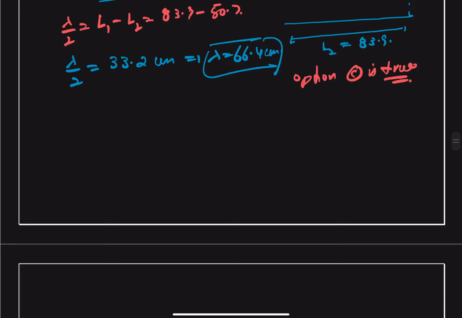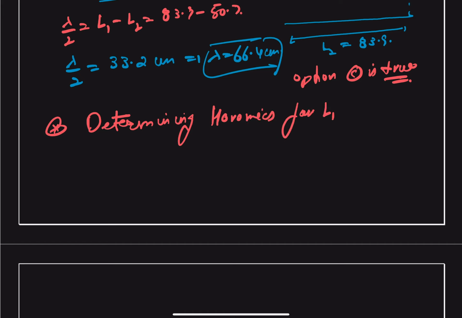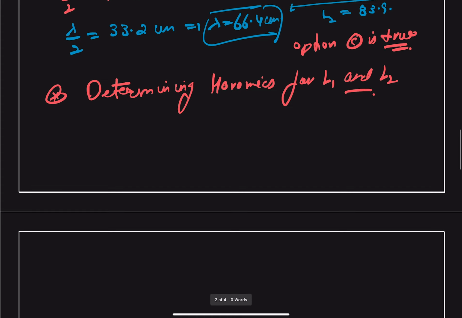So we are going to determine the harmonics for L1 and L2. Let us assume that it is a closed air column.